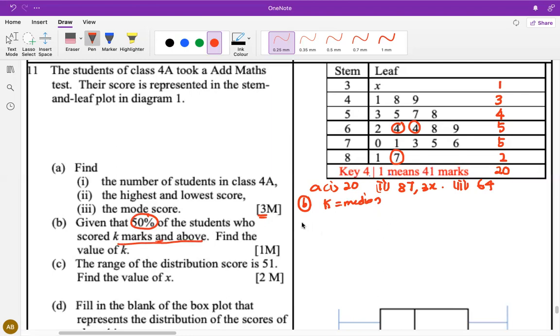You have to list down everything: 3X, 41, 48, 49, 53, 55, 57, 58, 62, 64, 64. So list down everything.